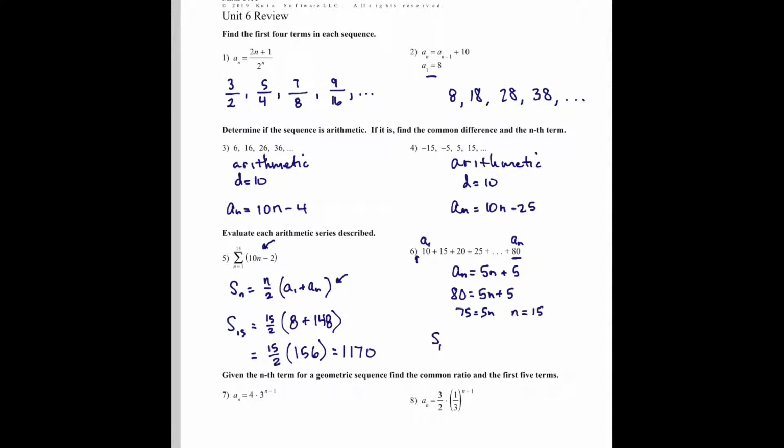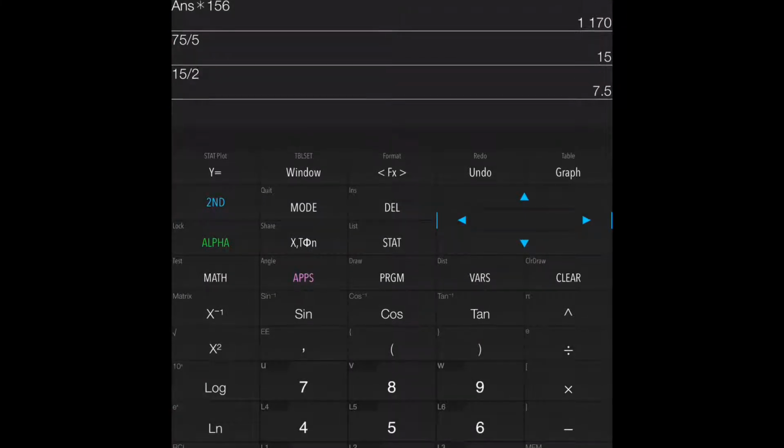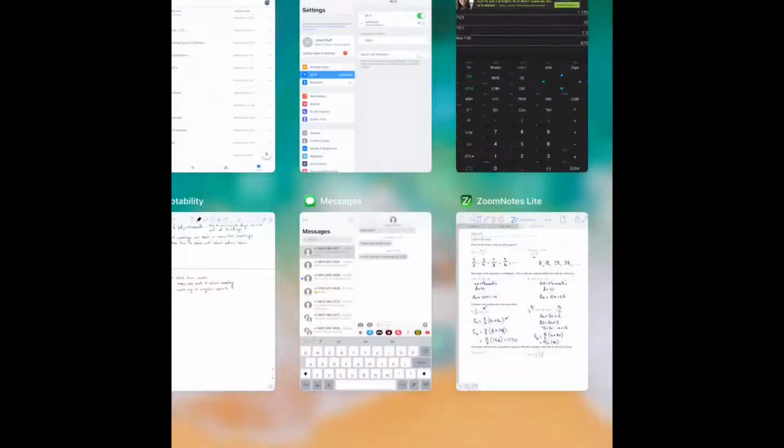So the sum of these first 15 terms is 15 over 2. And then the first term plus the last term. So this is 15 over 2 times 90. So that's 675.